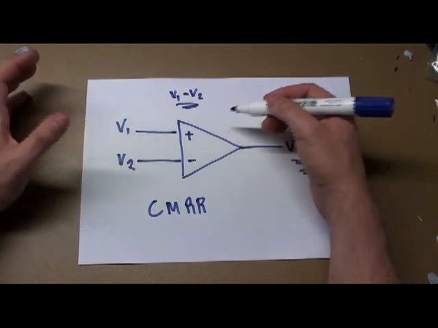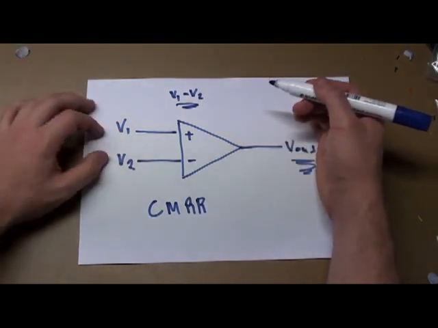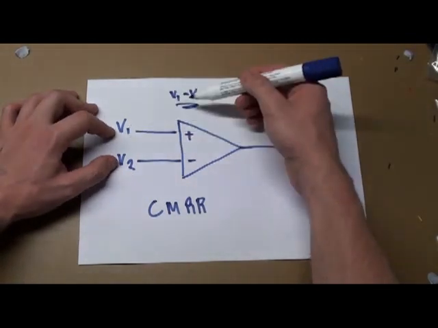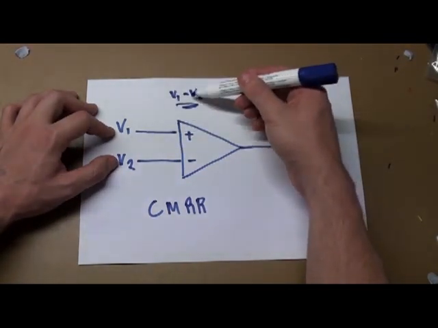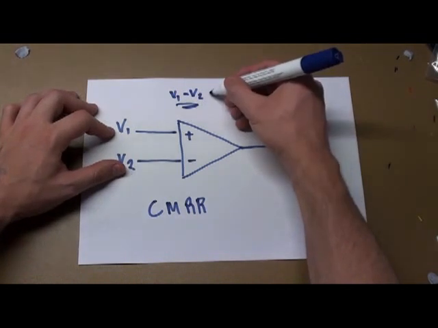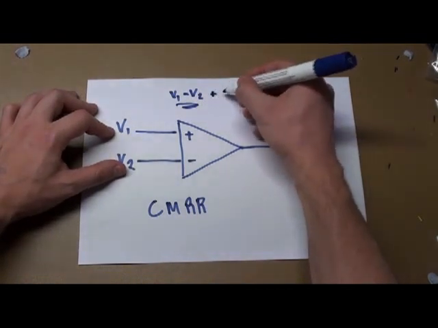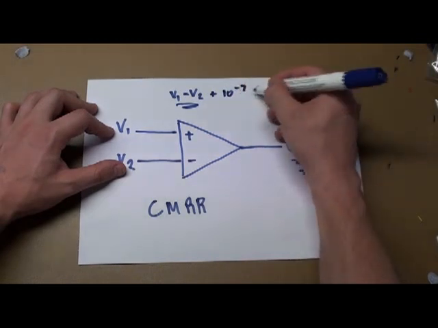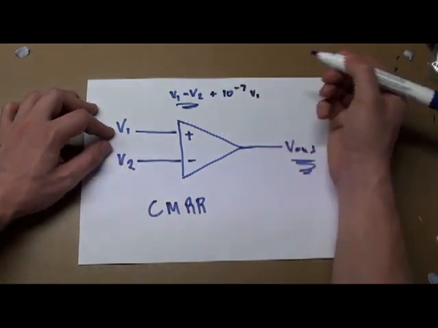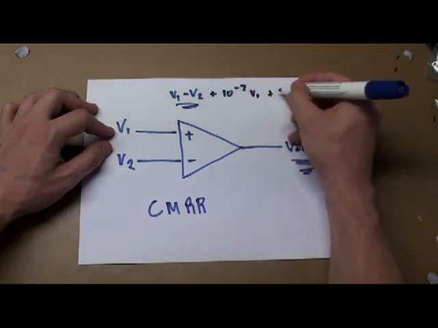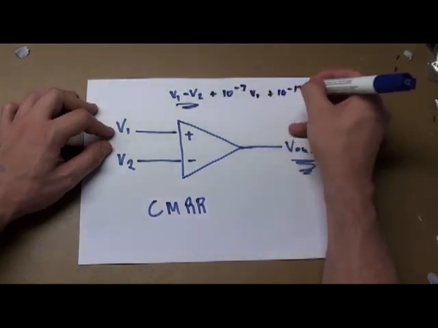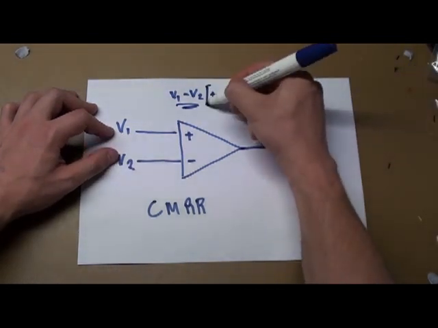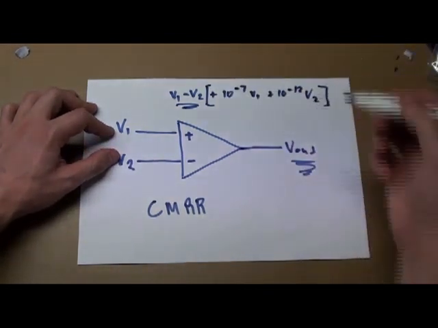Unfortunately, because they're built in the real world and nothing's ever that perfect, you generally get very close to V1 minus V2. You might have other little factors like plus 10 to the negative 7 V1 plus 10 to the negative 12 V2, because it's in the real world.